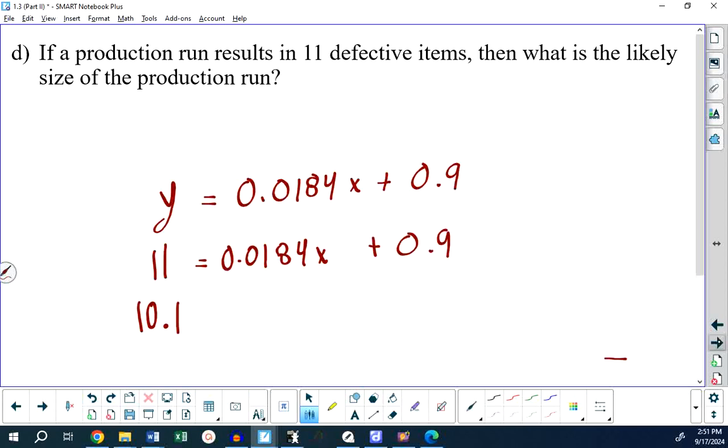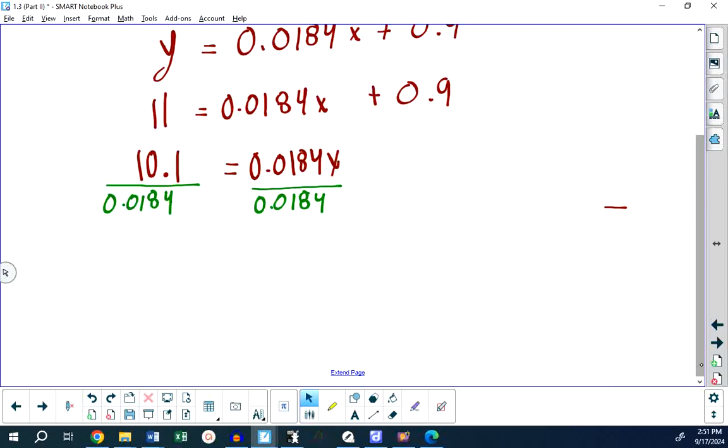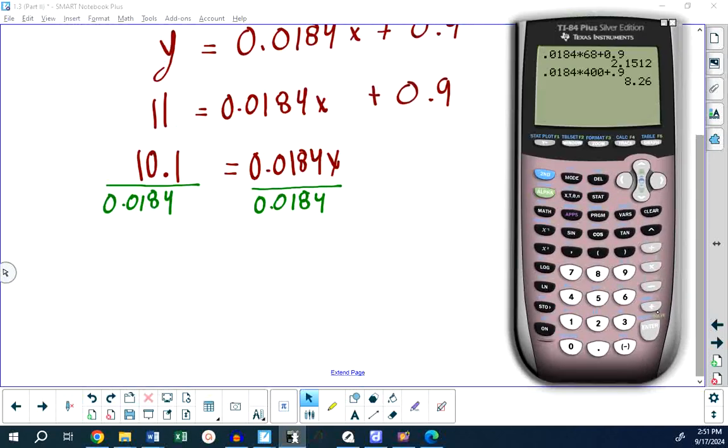Good. This is equal to 0.0184x. Well, now I have to divide both sides by 0.0184. Let's see what I get. And again, a few of you have stuck your neck out in a good way and said, I'm going to use my own equation.